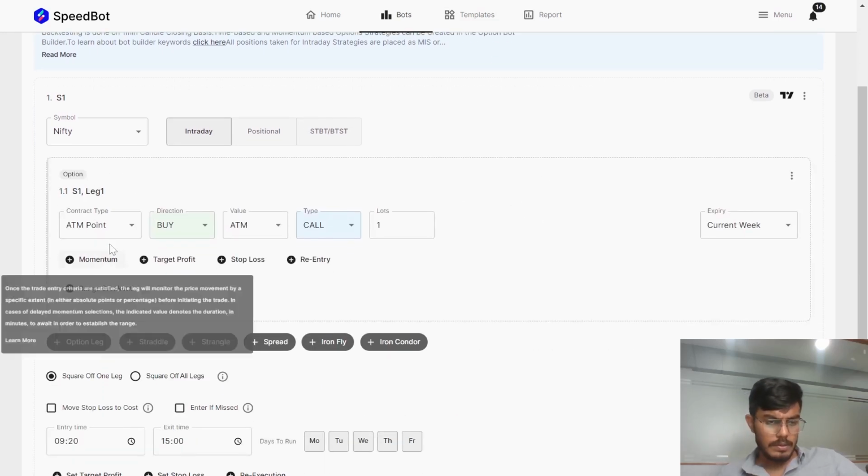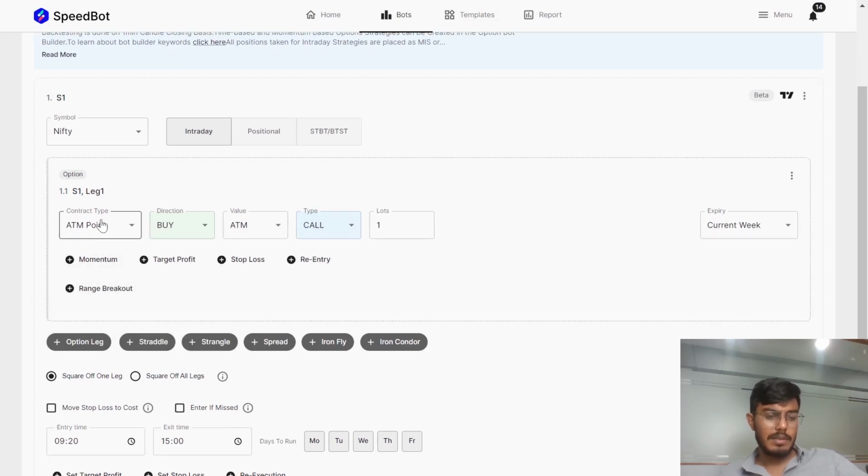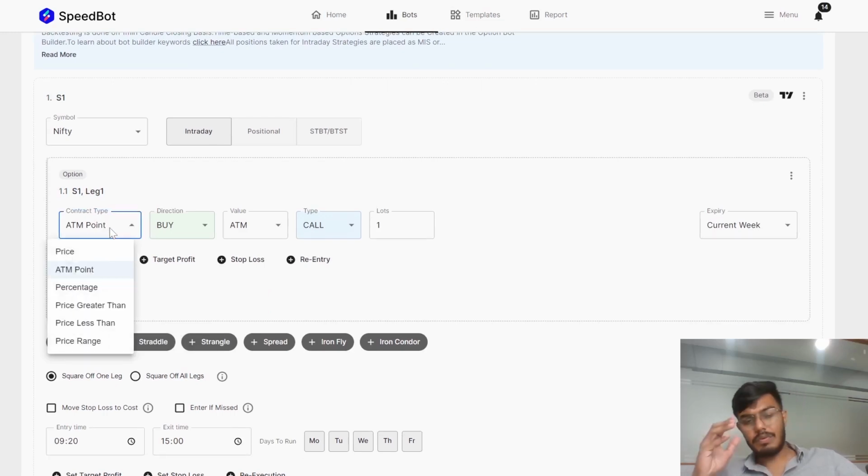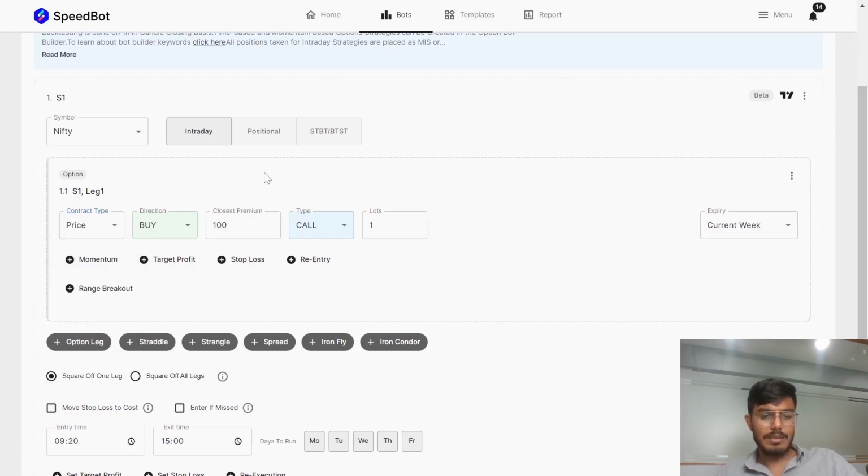So over here, Nawaz, if you're able to see that the contract type is by default selected as ATM point. So instead of selecting this, you can just select the price. This basically means that the contract selection will be done on the basis of the value that you have given. That is, over here you are seeing the closest premium value as 100.